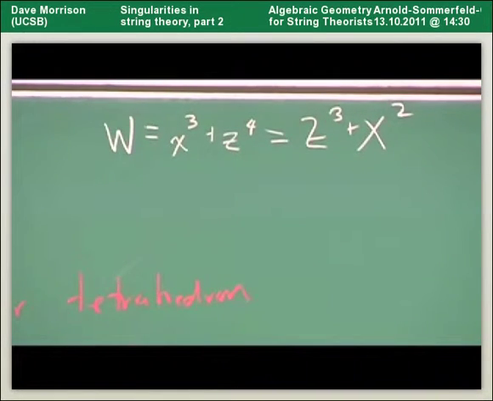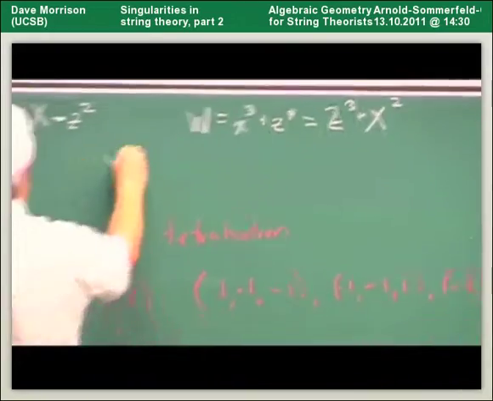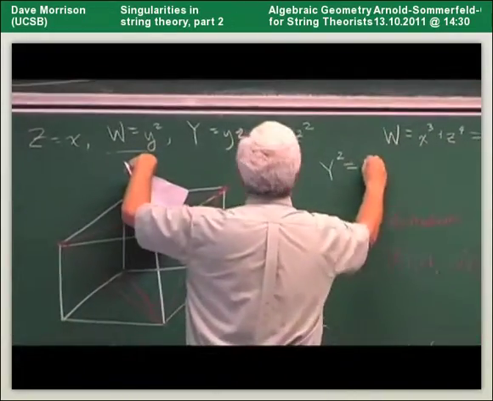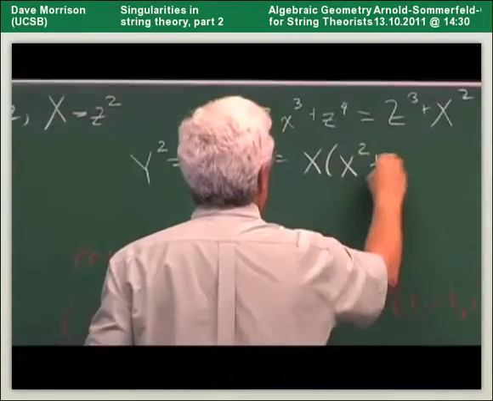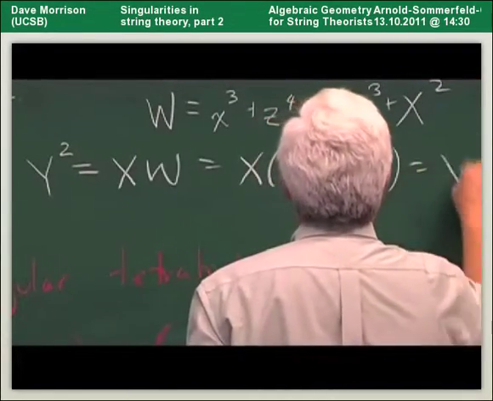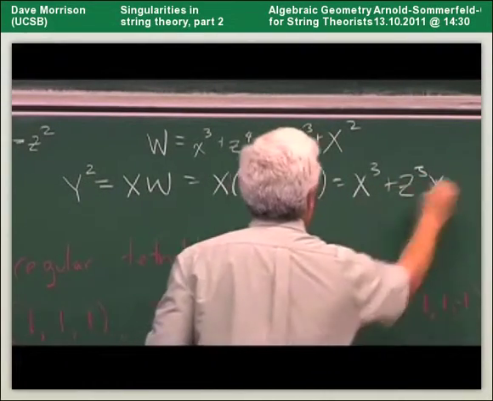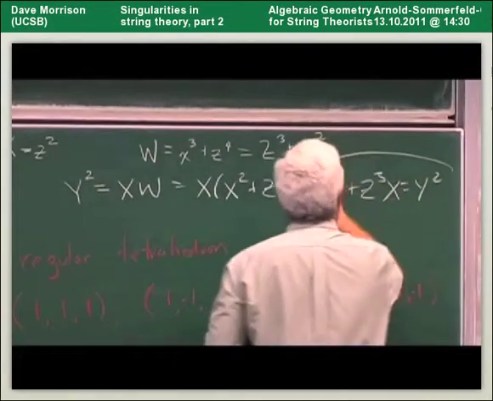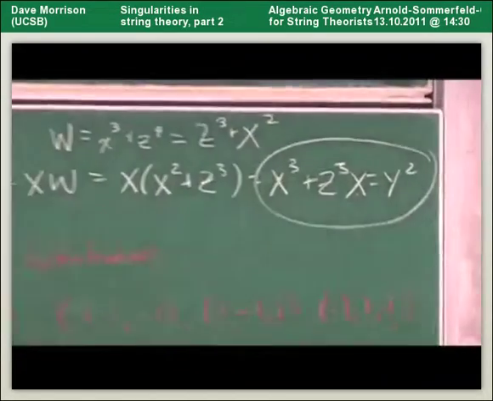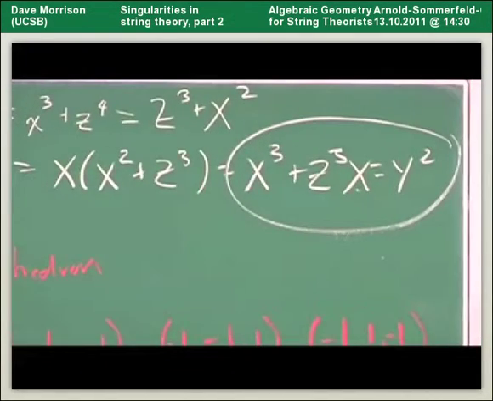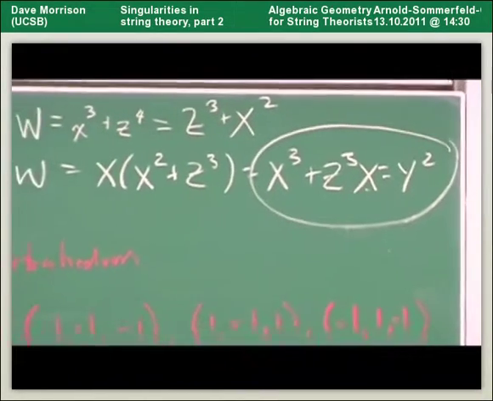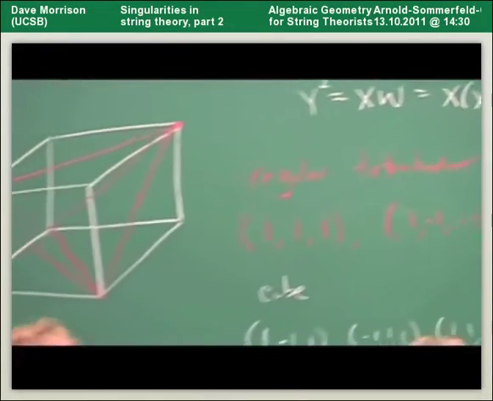And from these three, the obvious invariant is y squared equals xw, which now is x times x squared plus z cubed, or x cubed plus z cubed x equals y squared. That's the equation of invariance for the group of the cube, called the octahedral group. It gets named after its dual figure usually, instead of by the cube.